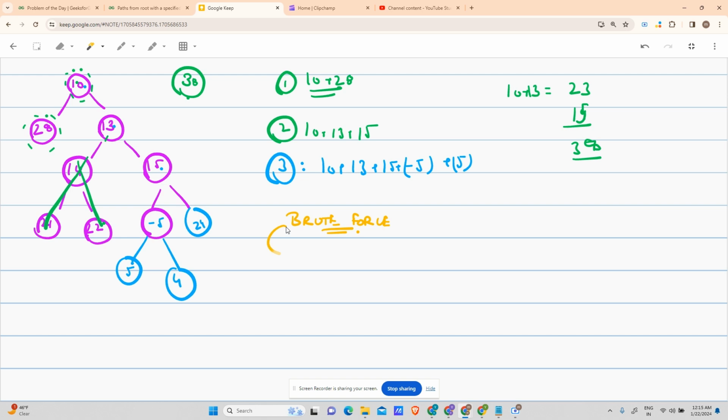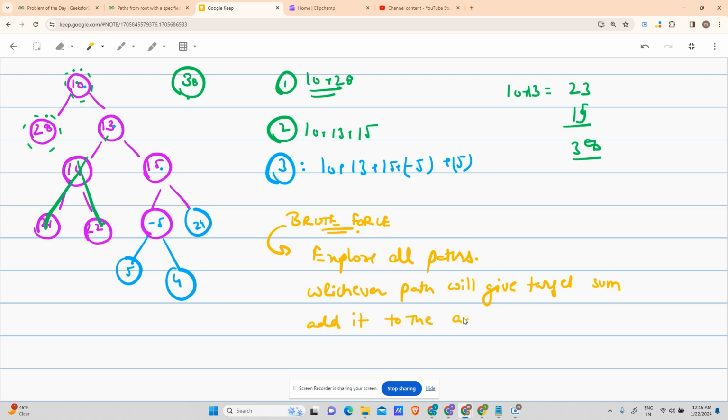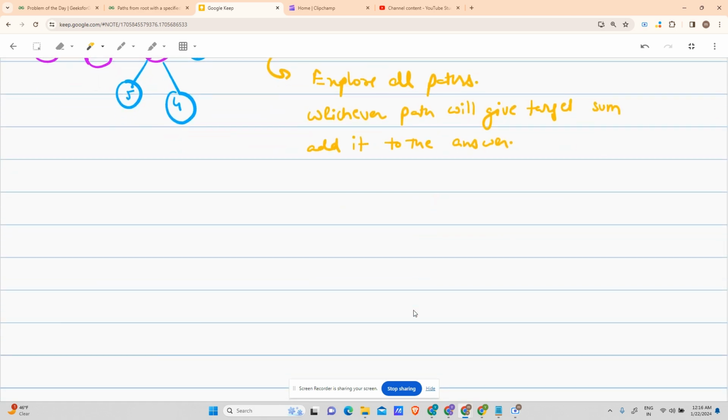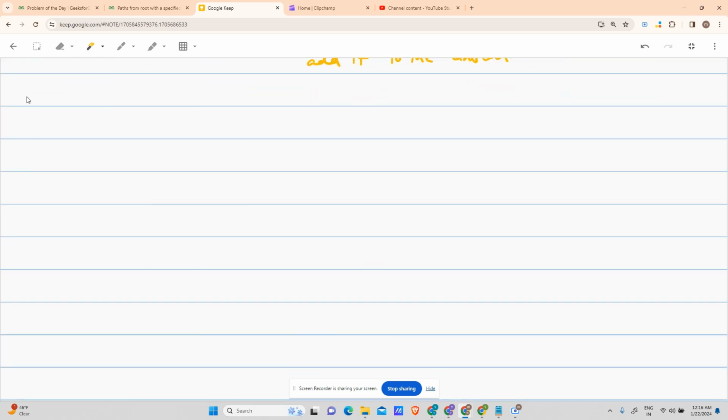The only brute force approach that I could think of is to explore all paths, and whichever path gives the target sum is added to the answer. Moreover, we are doing the same thing in the optimized approach also, so I don't think there is any difference between brute force and optimized. My optimized approach is also getting submitted. So without wasting any time, let's move to the optimized approach.